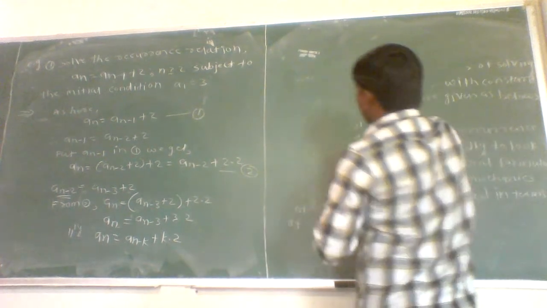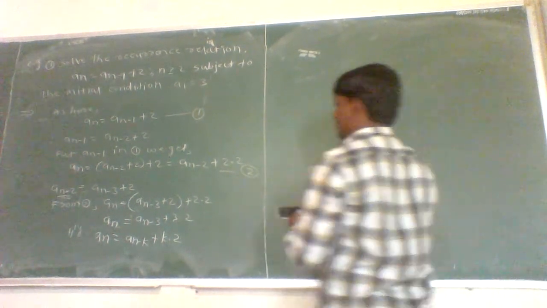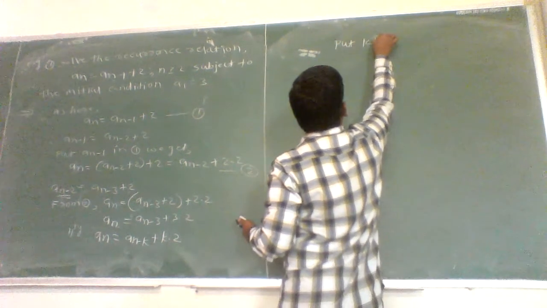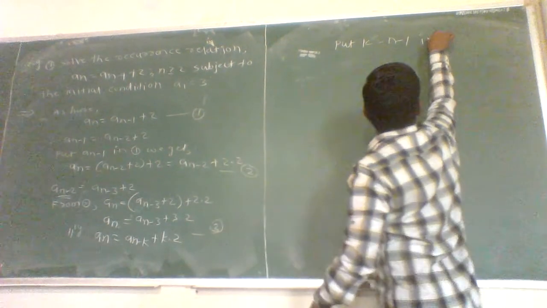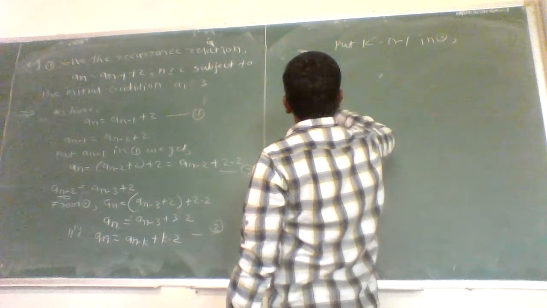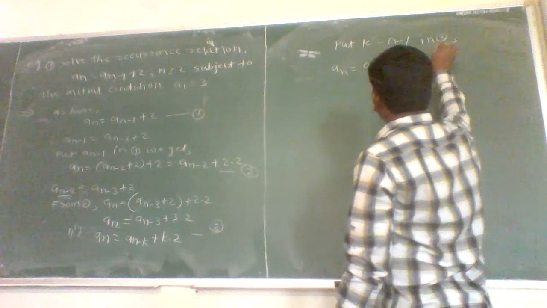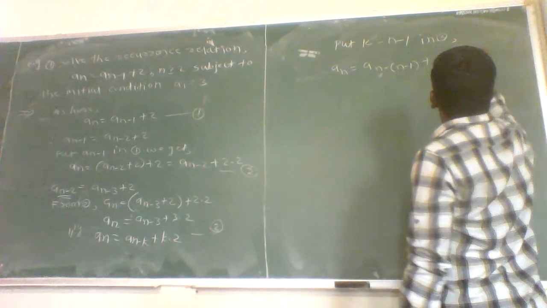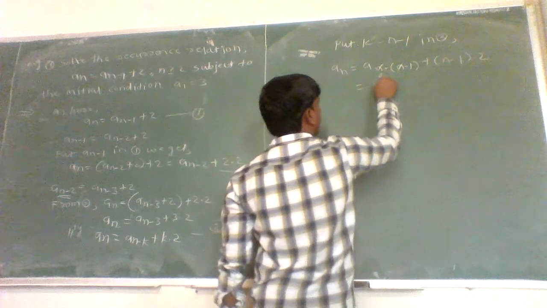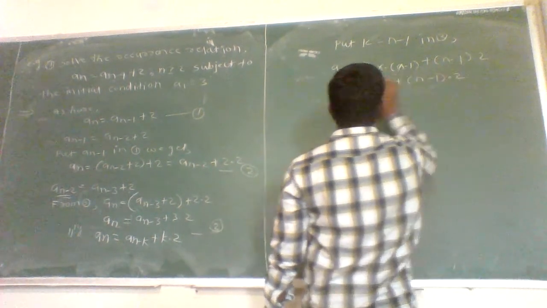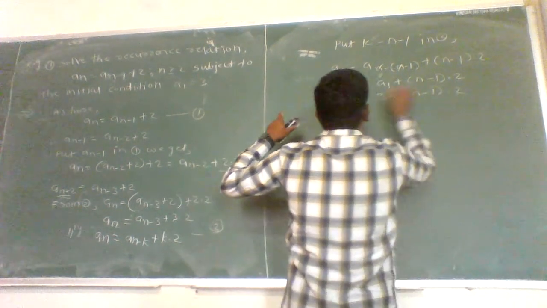Now put k = n - 1. Therefore, we get a_n = a_{n-k} + k times 2, with k = n - 1, so a_n = a_1 + (n - 1) times 2. The n - 1 terms cancel, and minus of minus 1 gives 1. With the initial condition a_1 = 3, a_n = 3 + (n - 1) times 2.